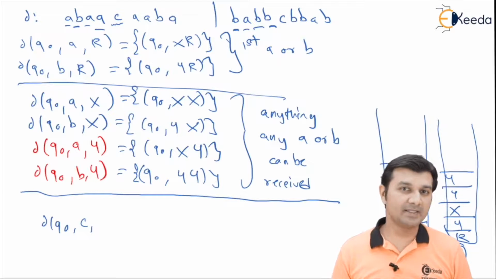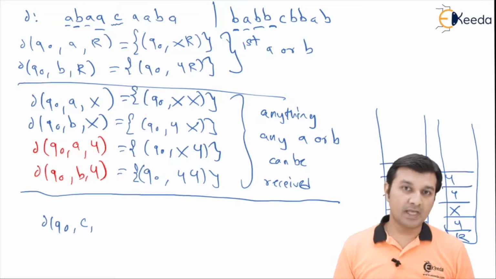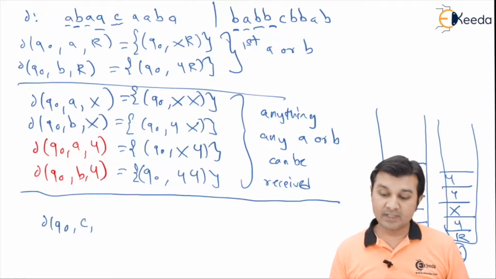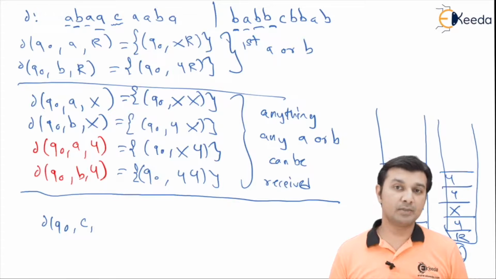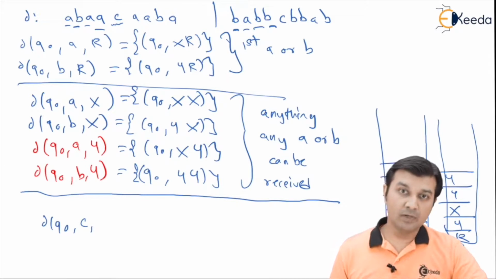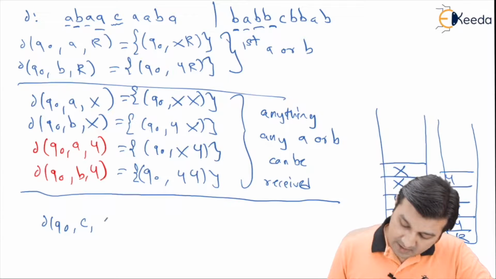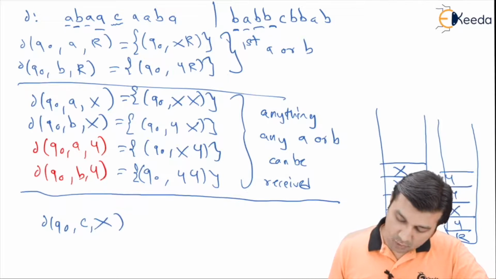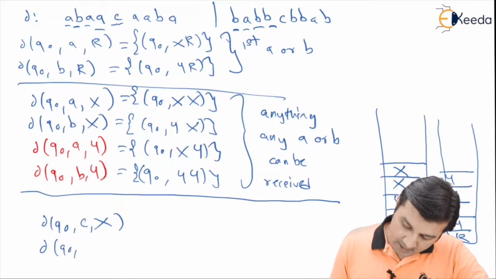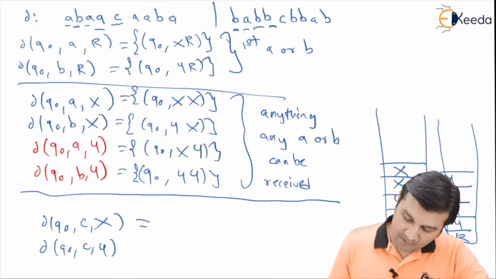It could be either X or Y, because anything could be there before C. As you can see in the first example, before C there was an A, and in the second example before C there was a B. So the top symbol of the stack can be either capital X or capital Y. So that takes us across two cases, Q0 C comma X, Q0 C comma Y.